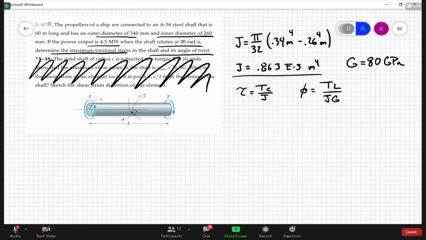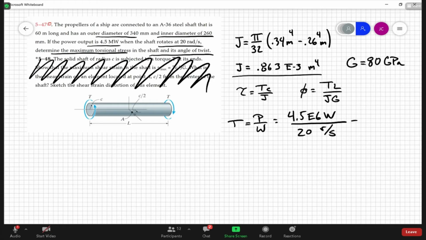All right. So to get the torque, the torque is going to be the power over the angular speed, right? And they give us the power as 4.5 megawatts over the angular speed, which is 20 radians per second.